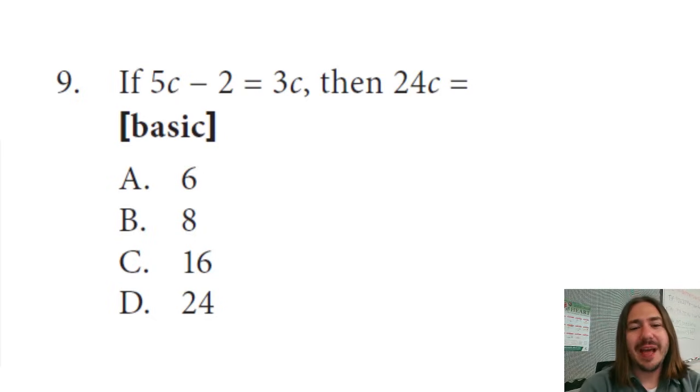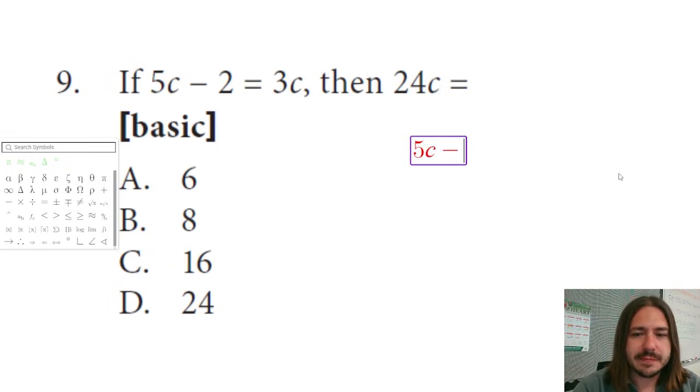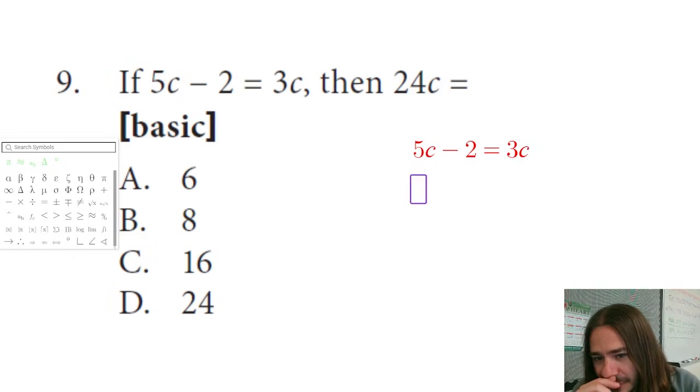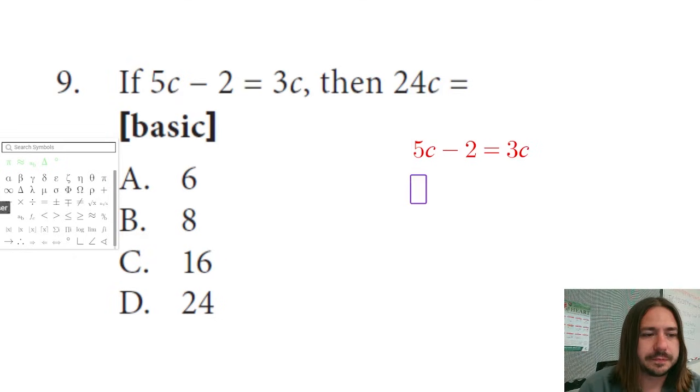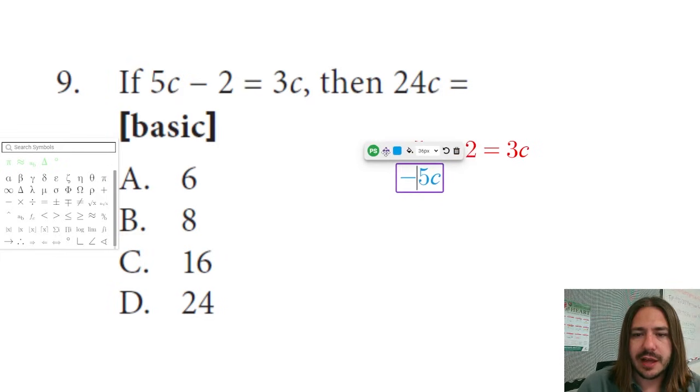Number 9 says, if 5c minus 2 equals 3c, then what does 24c equal? Well, let's solve this for c and then see what our answer is. We're going to subtract 5c from both sides here, since I'm trying to isolate c.